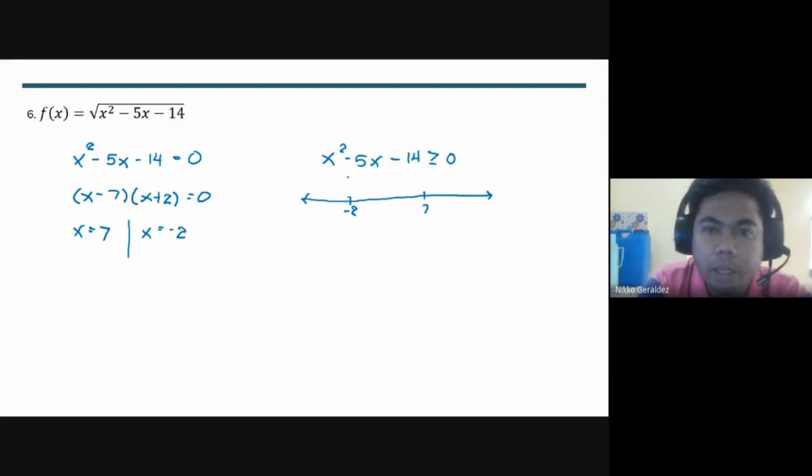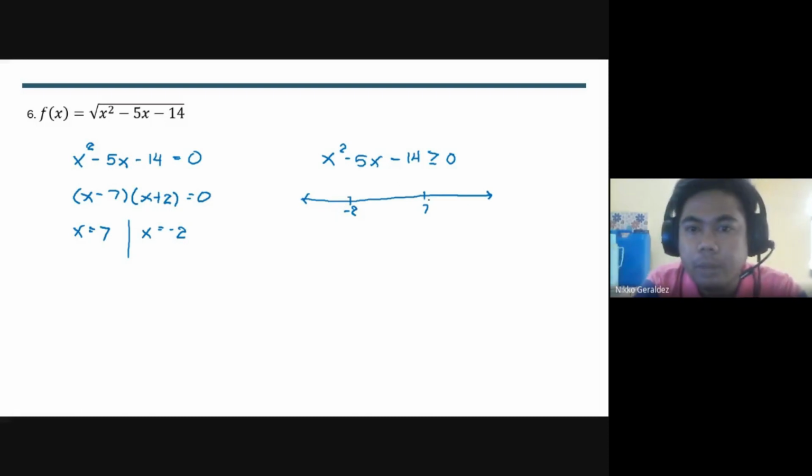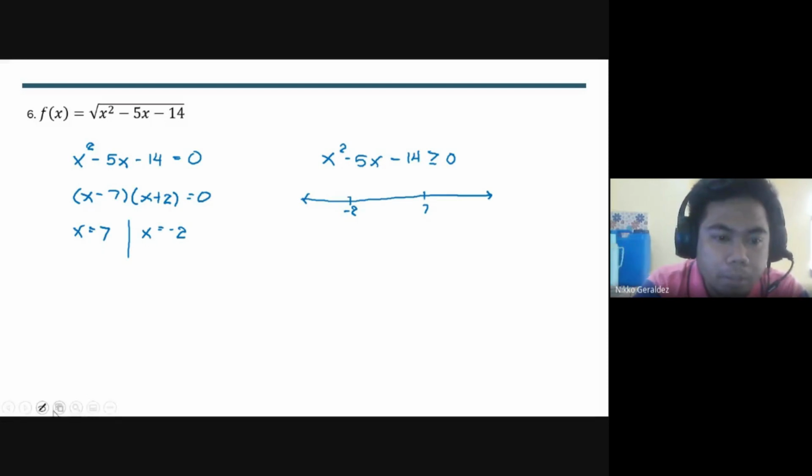We take a test point in each interval to identify which interval satisfies the inequality x squared minus 5x minus 14 greater than or equal to 0. For example, for negative infinity to negative 2, the test point is negative 4.